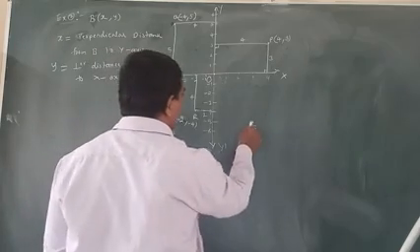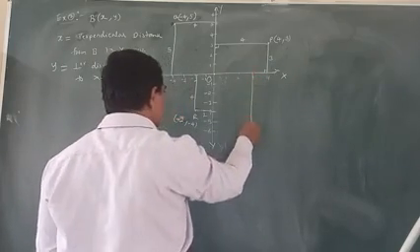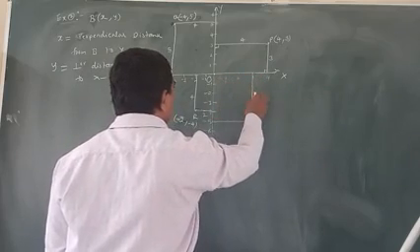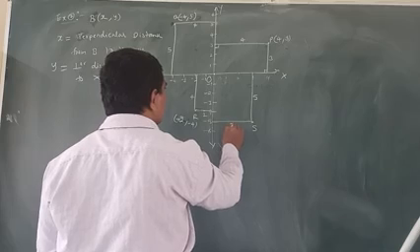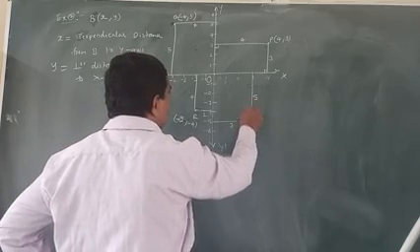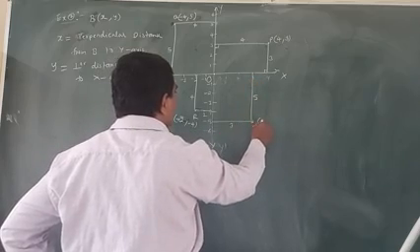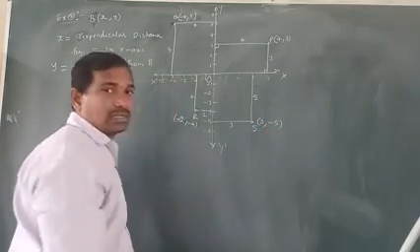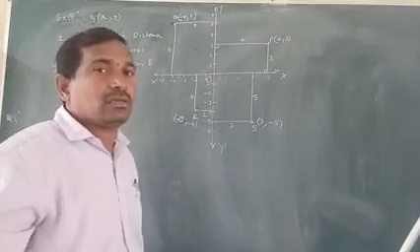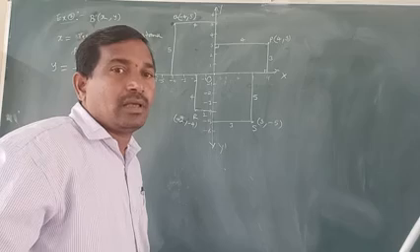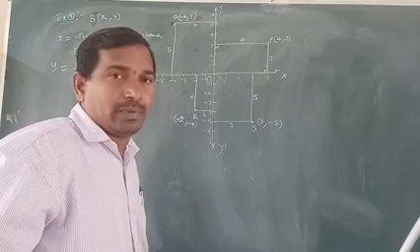Draw the perpendicular from S to the x-axis and y-axis. This distance is 5 units. This distance is 3 units. If you stand here and look at the x-axis, the x coordinate is 3 and the y coordinate is -5. So these are the ways to find the coordinates of points located on a coordinate plane or graph paper.